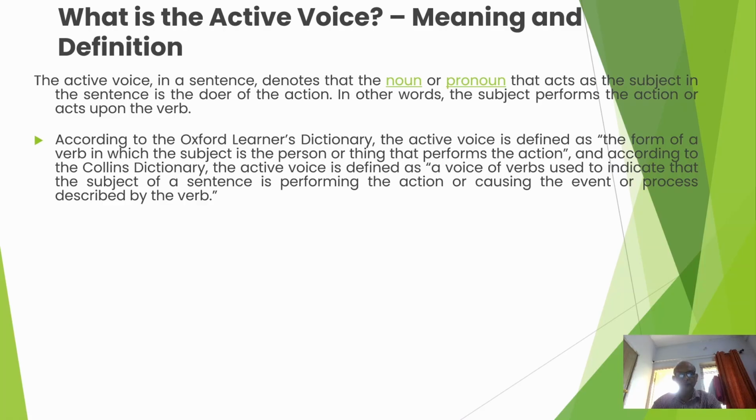According to Oxford Learner's Dictionary, the active voice is defined as the form of a verb in which the subject is the person or thing that performs the action, and according to the Collins Dictionary, the active voice is defined as a voice of verbs used to indicate that the subject of a sentence is performing the action or causing the event or process described by the verb.